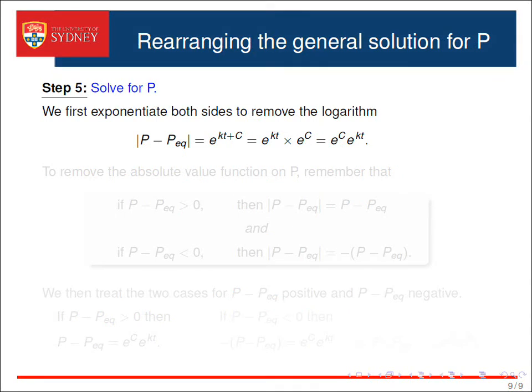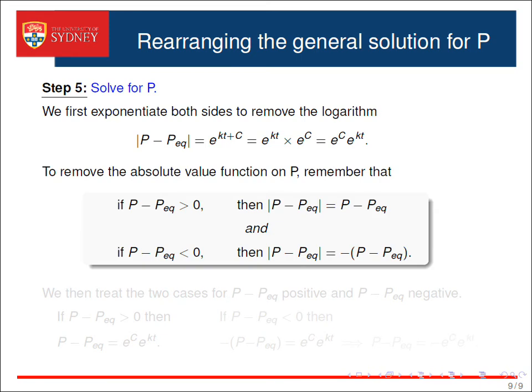Step 5. Rearranging the general solution for P. To get P on its own, we first raise both sides of the equation to the power of e. This gives the absolute value of P minus P eq is equal to e to the (kt plus c), which using an index law gives e to the kt times e to the c.